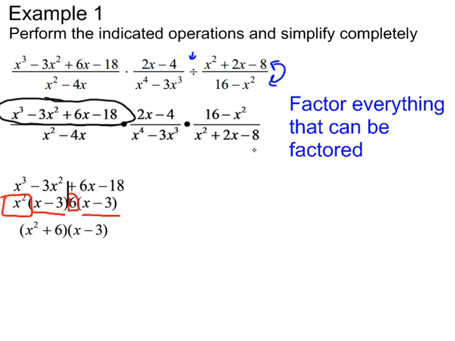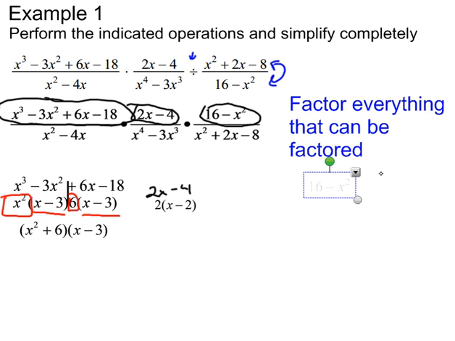Alright, now let's factor out a 2 here. So let me just write that. So we got 2x minus 4. So let's factor that. We gotta use GCF. So we're gonna factor out a 2, and we get 2 times x minus 2. Now let's factor 16 minus x squared.